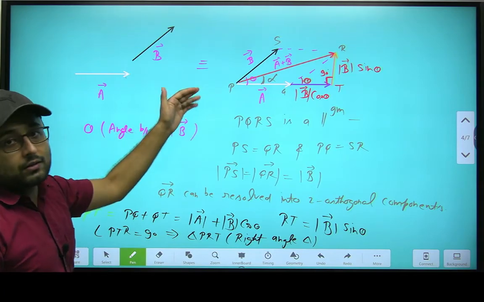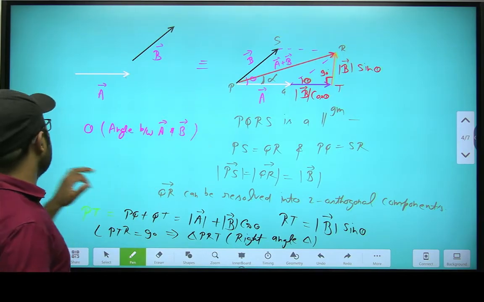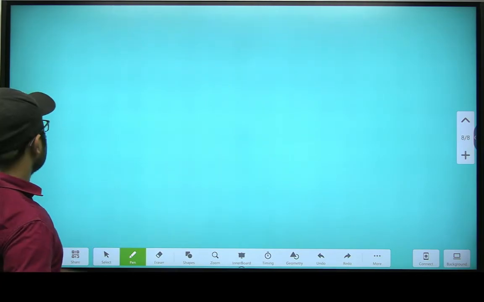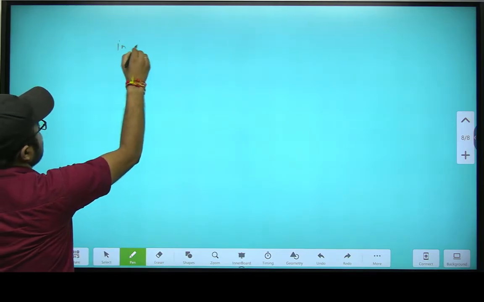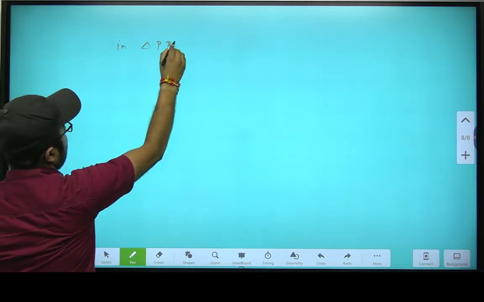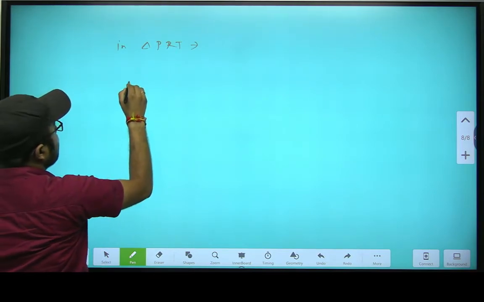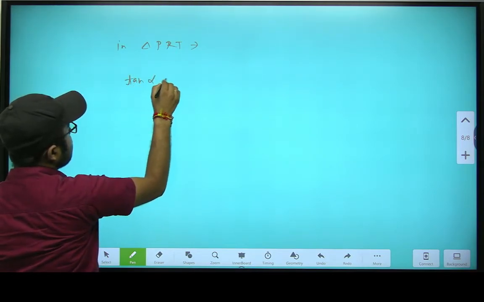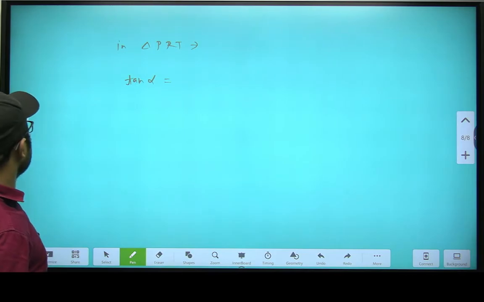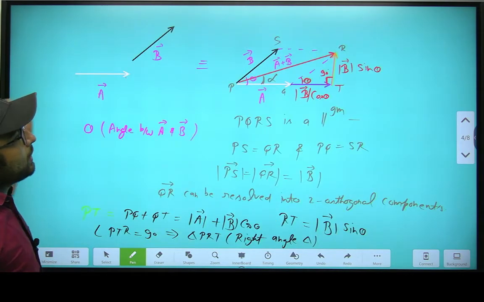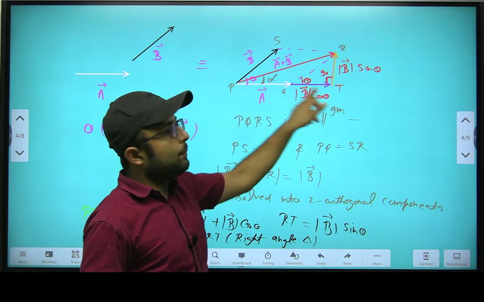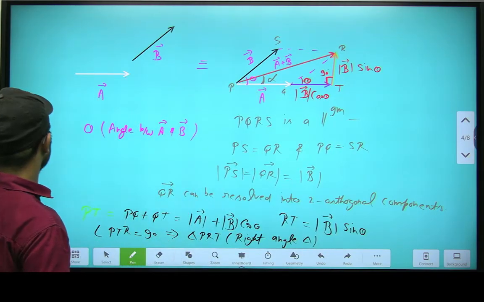So in right angle triangle PRT, we can write tan alpha as perpendicular RT upon hypotenuse PT.